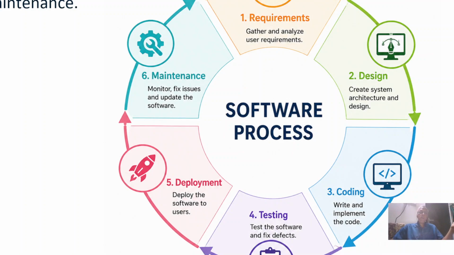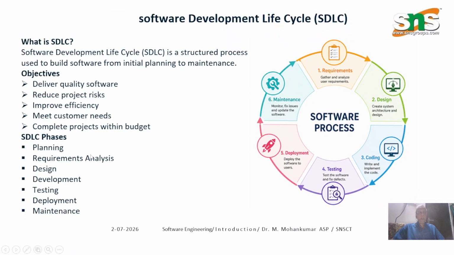They frequently monitor and fix issues and update the software then and there. Any new small requirement given by the customers will be considered and developed. So this is called the software development lifecycle process in software engineering.